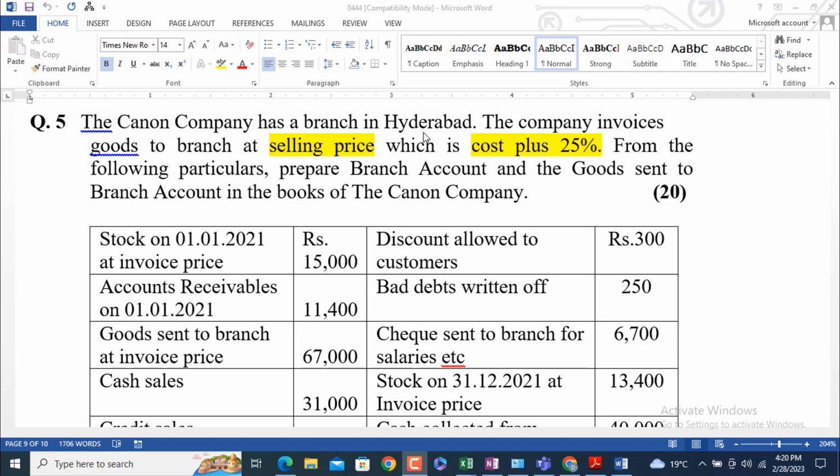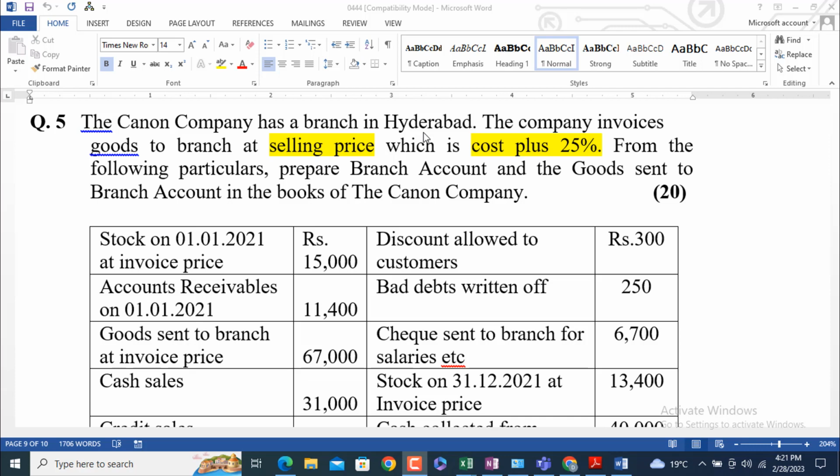From the following particulars, prepare branch account and the goods sent to branch account in the books of the Canon Company. This question is related to branch accounting, and here you have to notice that the goods are invoiced at some percentage plus cost. In this case, it is 25% plus cost to its branch, which is located in Hyderabad.